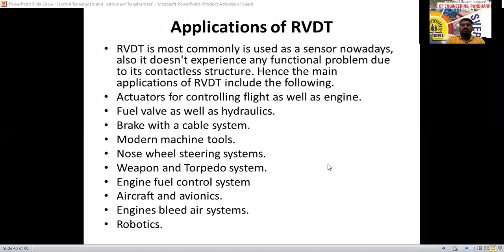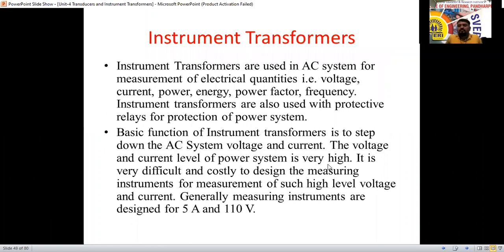We'll go for the new topic, that is called instrument transformers here. For the instrument purpose only, we are going to use some transformers. Instrument purpose means for the measurement purpose only, which should not affect the measuring instruments. High voltages are there, high currents will be there.